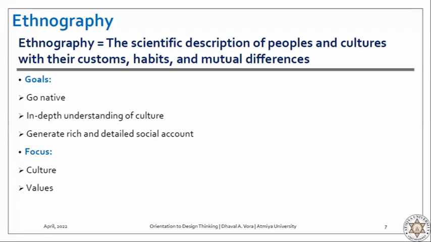Let us go towards ethnography. It is the scientific description of people and cultures with their customs, habits, and mutual differences. So, what are the goals? You can say: go native, in-depth understanding of culture, generate rich and detailed social accounts. When I say go native, you need to find out the native problems.